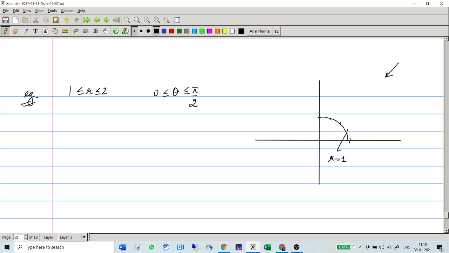And similarly, for r equal to 2, you have theta 0, r equal to 2. Theta pi by 6, r equal to 2. Theta pi by 4, r is 2. Pi by 3, r is yet 2. Pi by 2, r is yet again 2. So this is for r equal to 2 when your theta was between 0 and pi by 2, right?